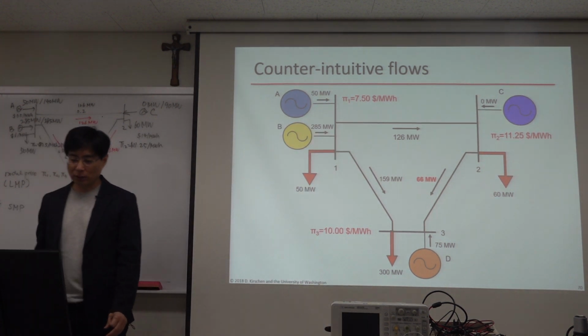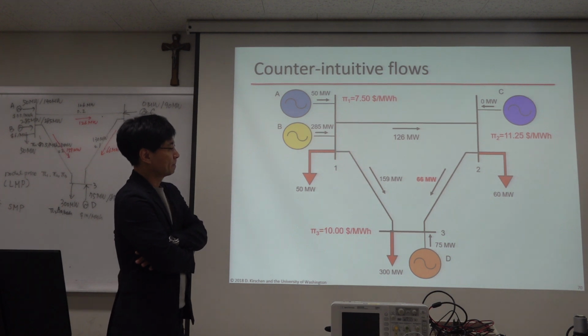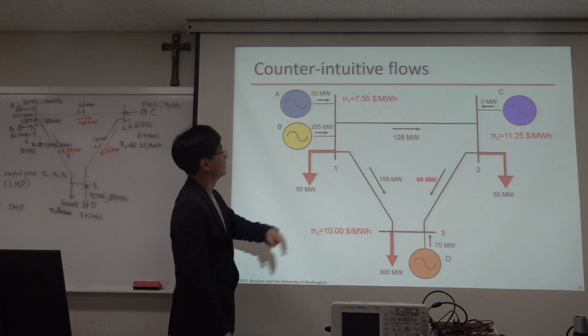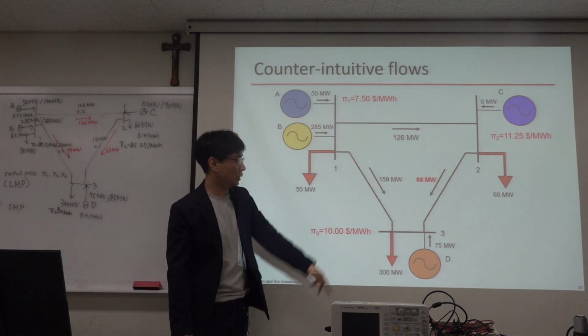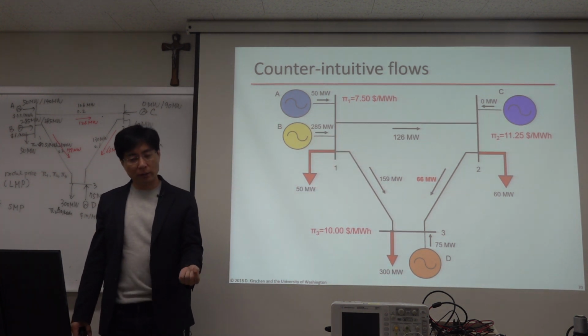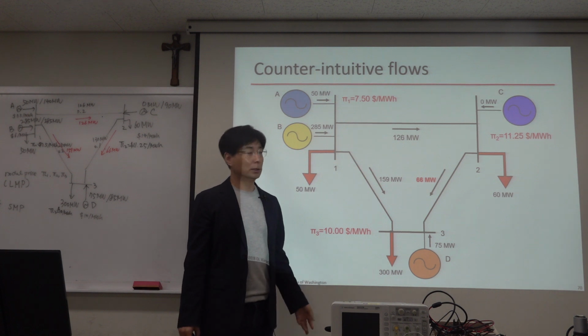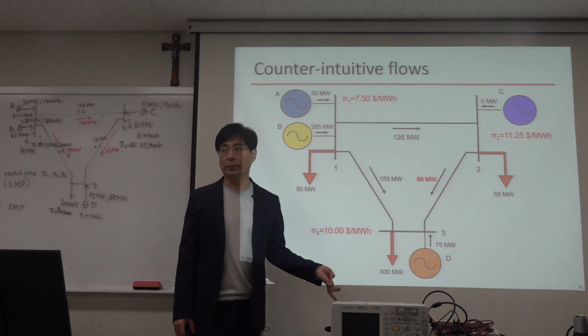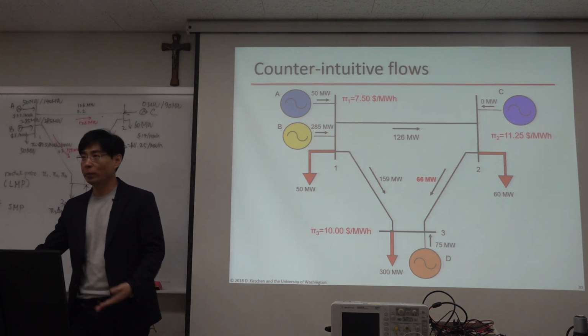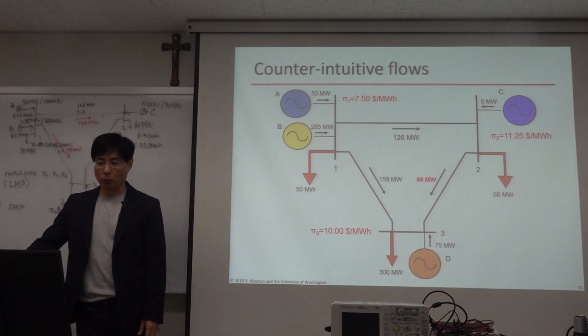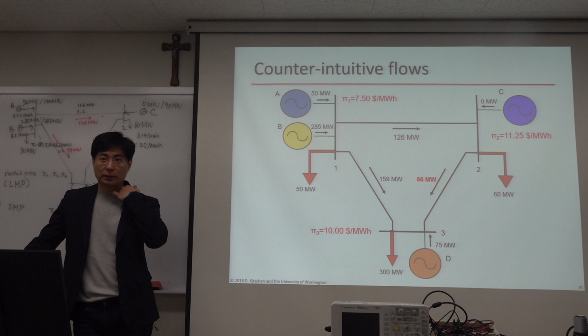Then, under this circumstance, can you think of which power producer, A, B, C, or D, can take advantage of this kind of weird thing? I mean, if you are a power producer, of course you want to maximize your profit.